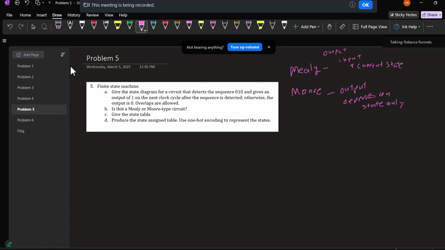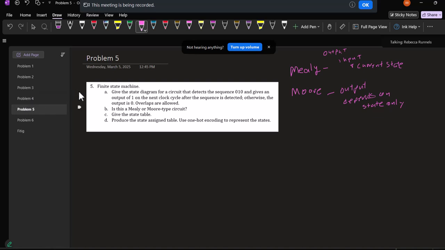Well, whenever, like on the exam here, it says gives you the output of 1 on the next clock cycle, means that it's Moore. Yeah. I was trying to think of a real world example, and I'm just drawing a blank.